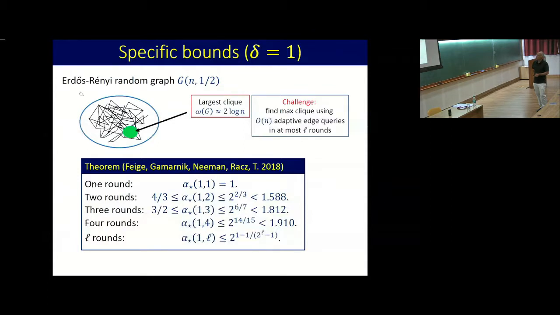So for delta equals 1, the upper bound we have is 2 to the 1 minus 1 over 2 to the L minus 1. One thing: the only place where we have an equality, by the way, is alpha star of delta comma 1, meaning you have n to the delta adaptive queries but 1 round. It turns out it's equal to delta.